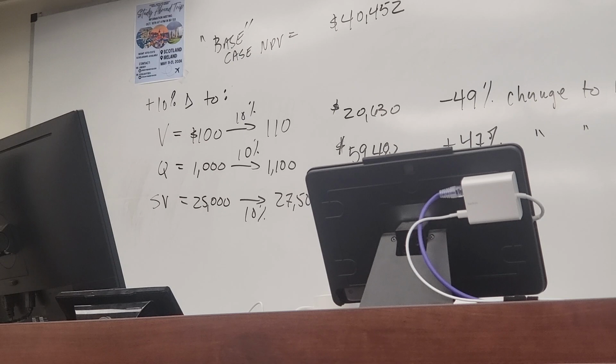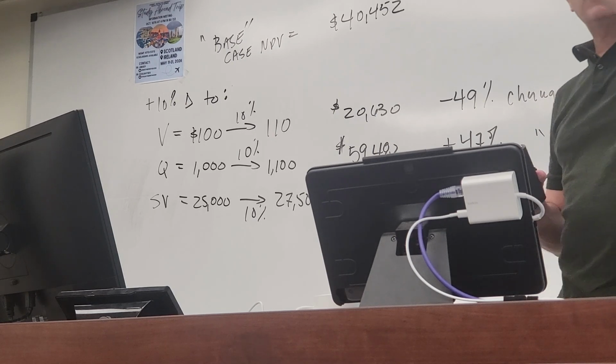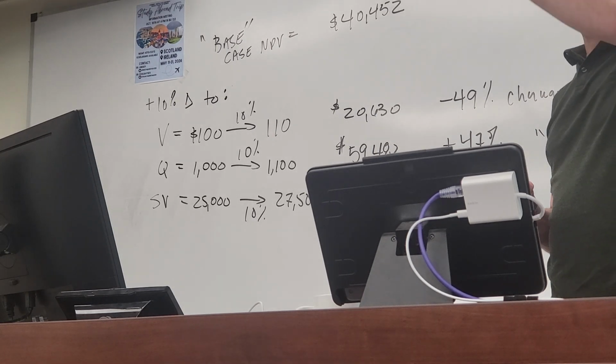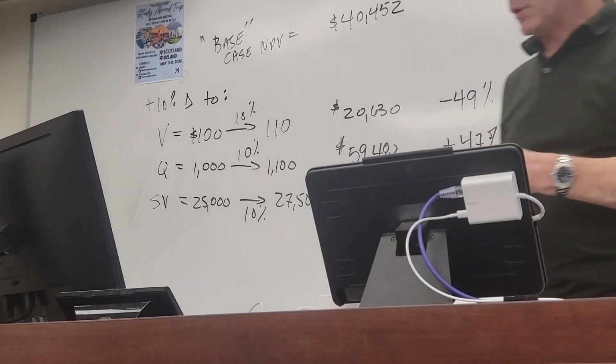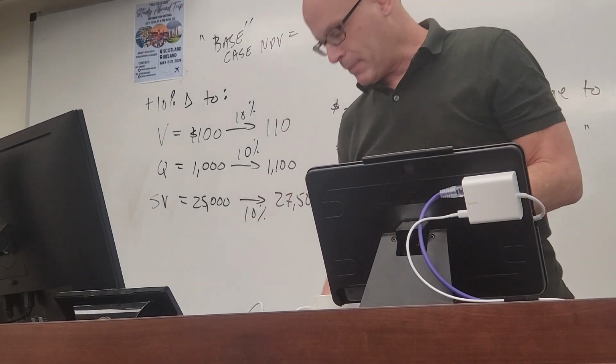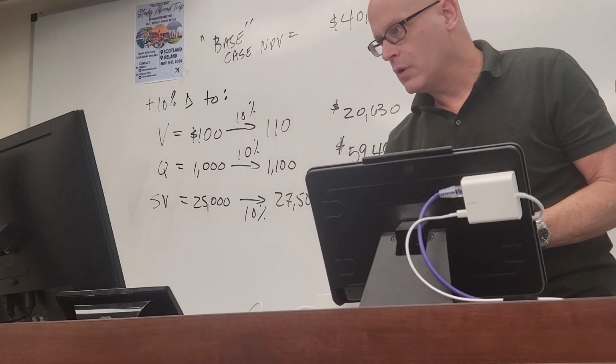Against the base NPV, it's now 47% higher. A 10% increase in units sold leads to a 47% increase in NPV. I'm seeing how sensitive NPV is to each change, but I'm only making a single change. Okay, let's go back and reset that back to the original 1,000.